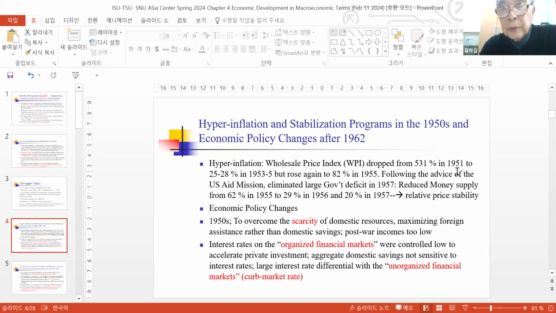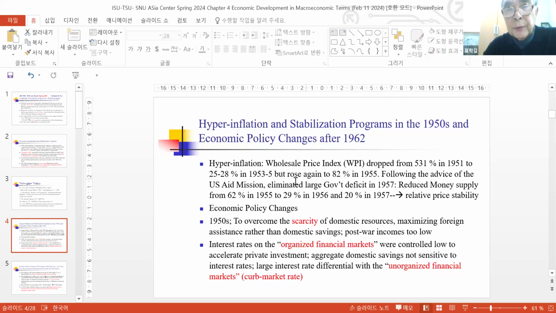Unimaginable hyperinflation, because no commodities, no crops, no food, nothing was available just after 1950. But it came down to 28% in 1953-55, and rose again to 82% in 1955. This is a very turbulent, very unstable post-Korean War economic situation, inflation-wise.